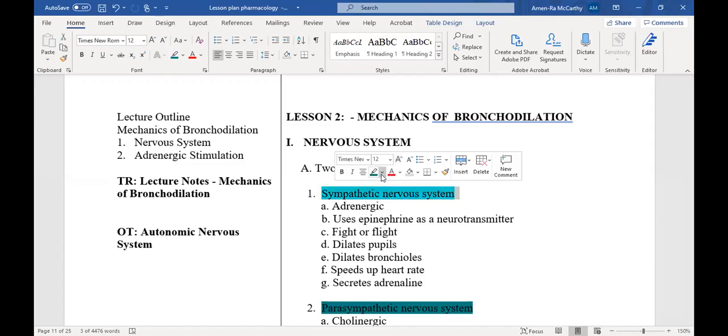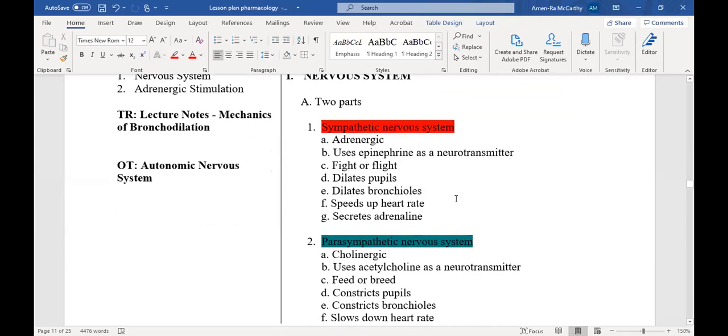Make this a better color because they are different. You have the sympathetic nervous system and the parasympathetic nervous system. The sympathetic nervous system is known as the fight or flight. It's also known as the adrenergic nervous system.